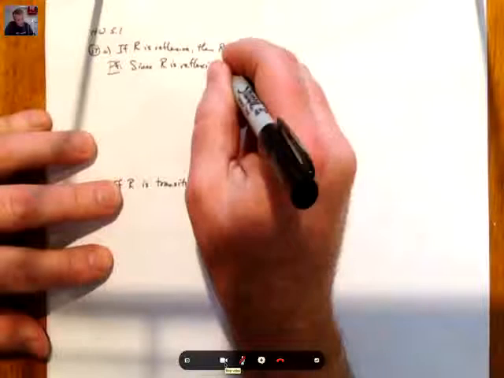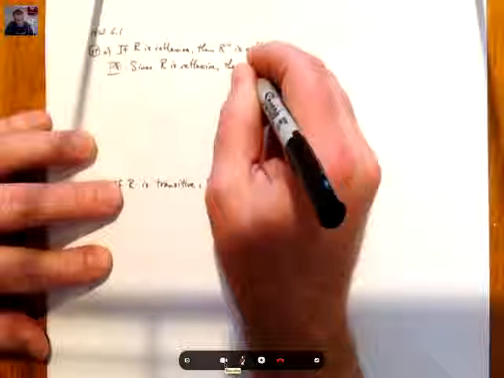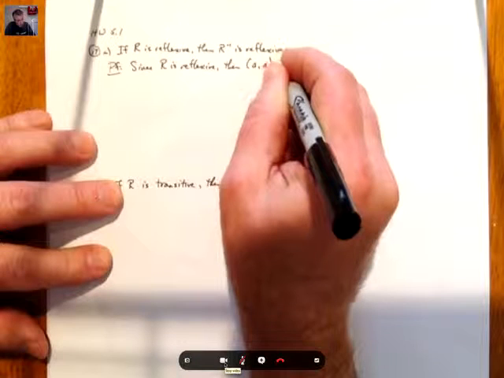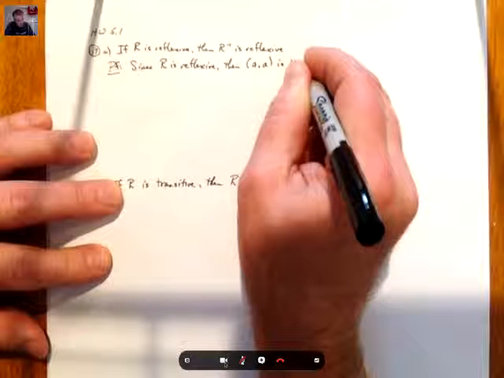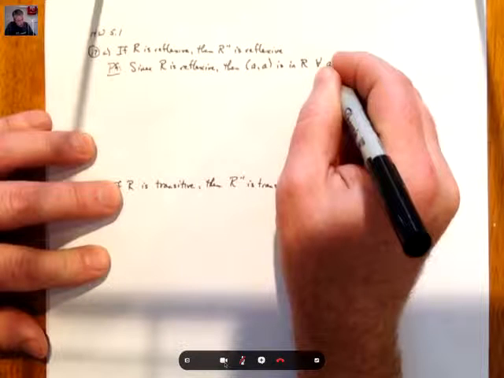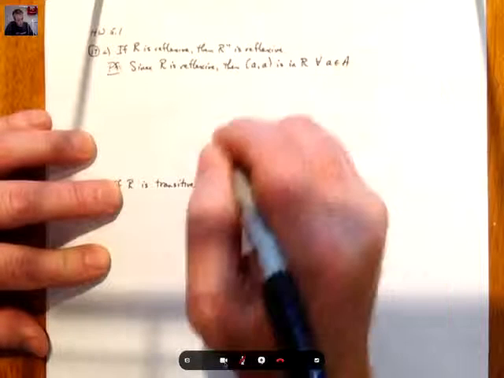Since R is reflexive, that means then that (a, a) is an element of R for all a in the set A.